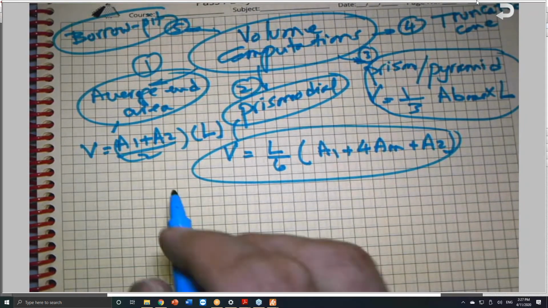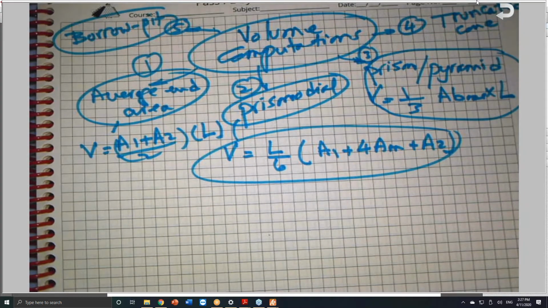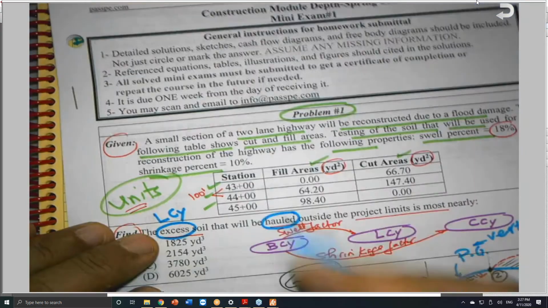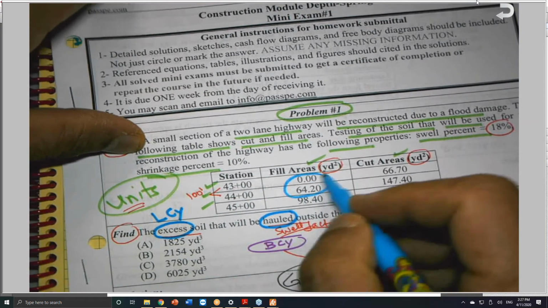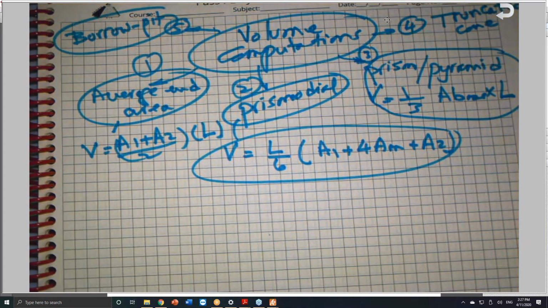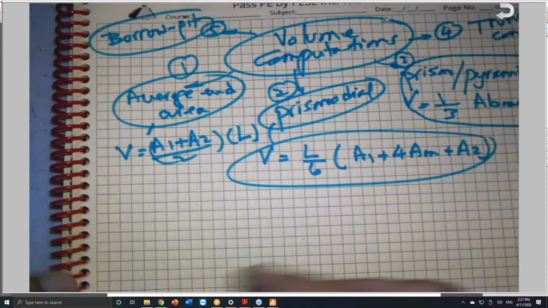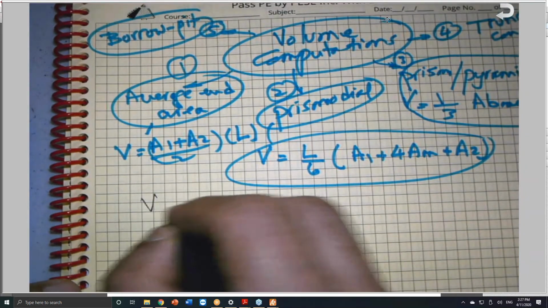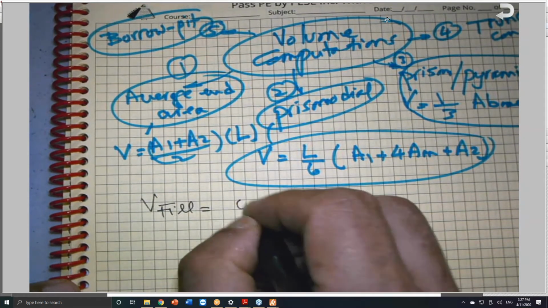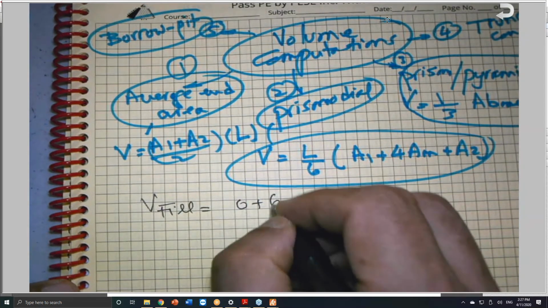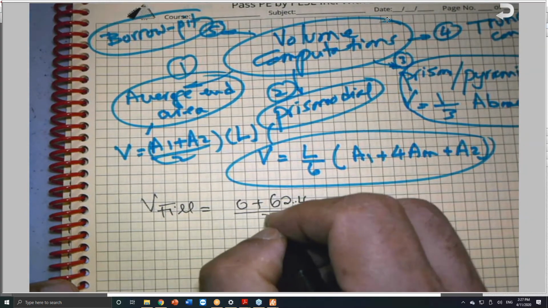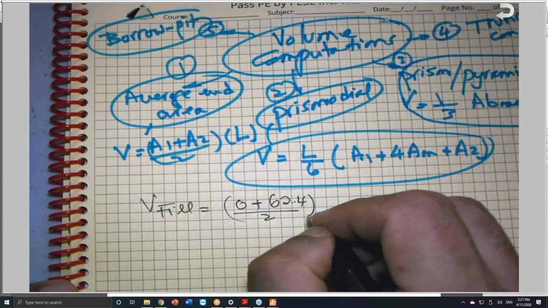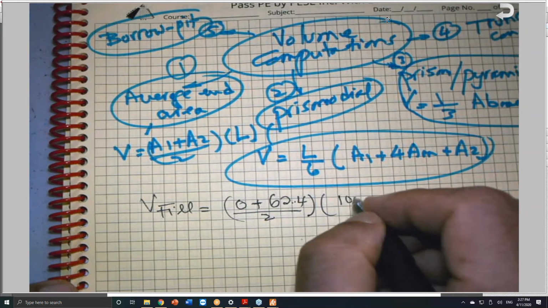So the problem that's given, I have station 43 and 44. I have area of fill, so I can say the volume of the fill is equal to 0 plus 64.2 divided by 2 to get the average end area, times the length of 100 feet.